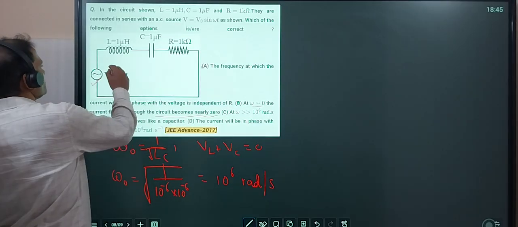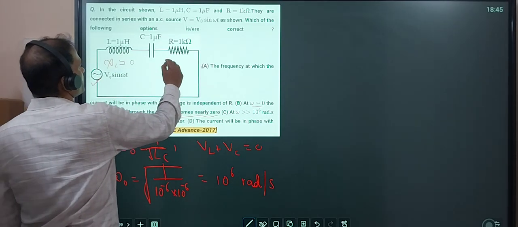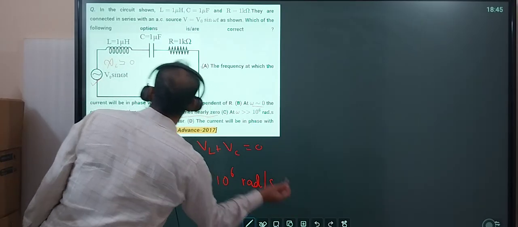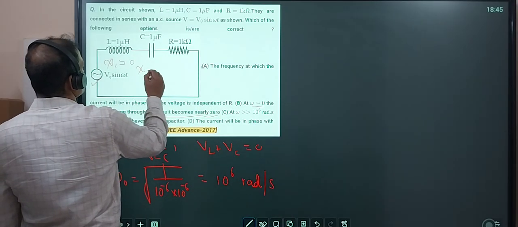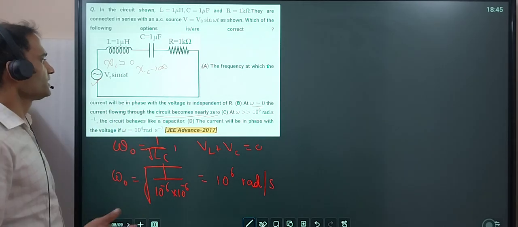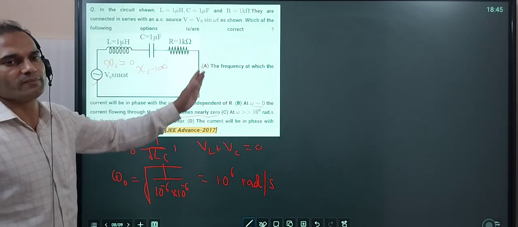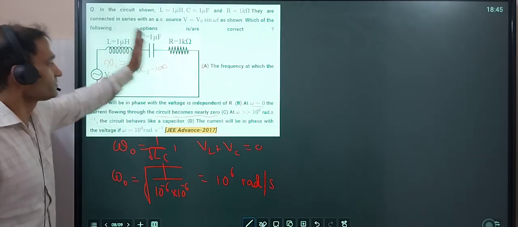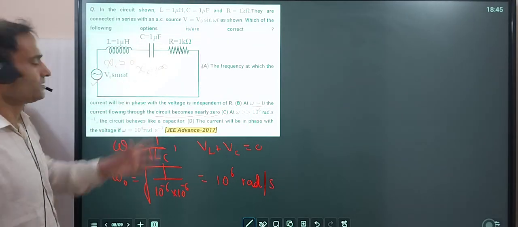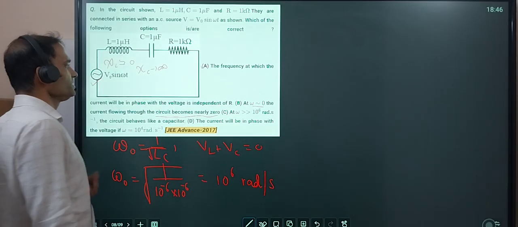XL will be close to 0, but XC will tend to infinity. Okay, so current will be close to 0. So overall impedance will be infinite. So this current will be nearly 0. So B is also correct.